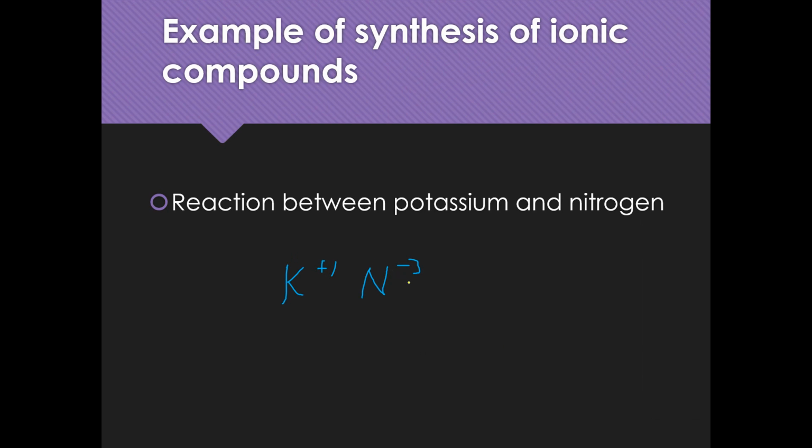We take our 3, walk it down to here. Take our 1, invisible 1, and walk it down to there. And when we're done, our formula for potassium nitride is going to be K plus 3, N minus 3. It doesn't need the 1 here, but if you put 1 there, it wouldn't be penalized at all.